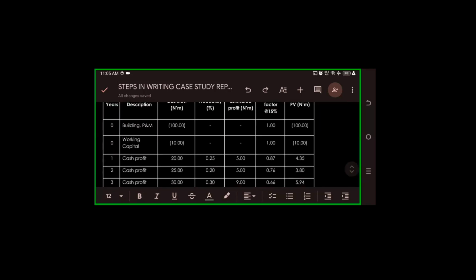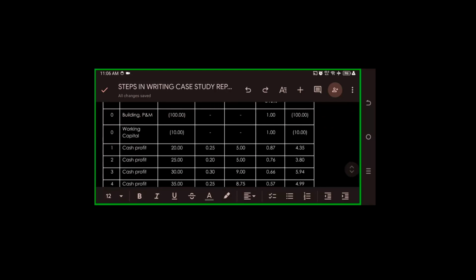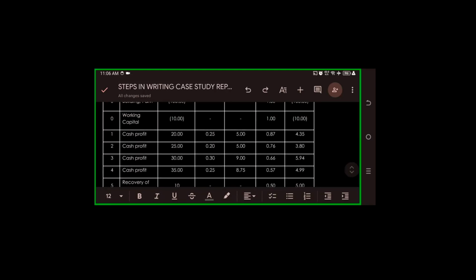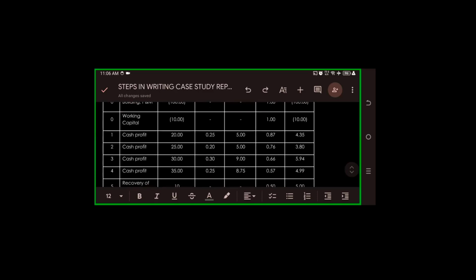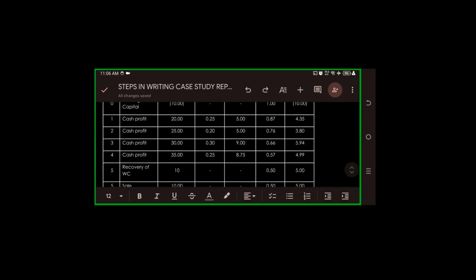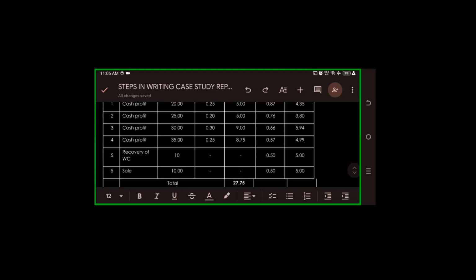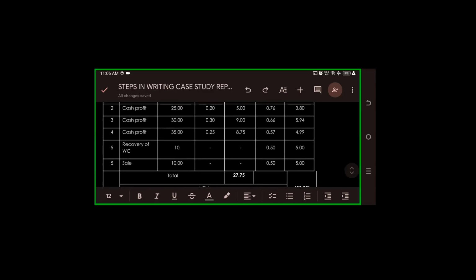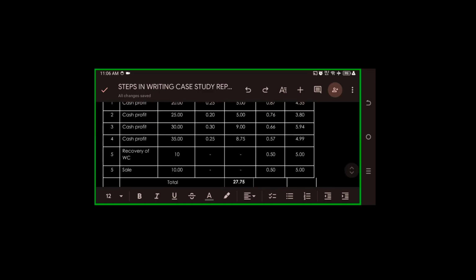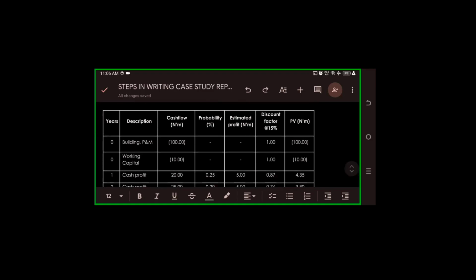Time one is when the cash inflow started coming in, from time one to time four. And at time five they sold the assets and recovered the working capital. Here you can see the cash flow.